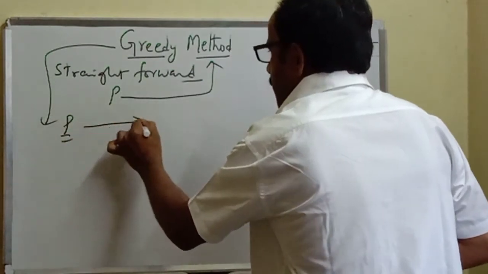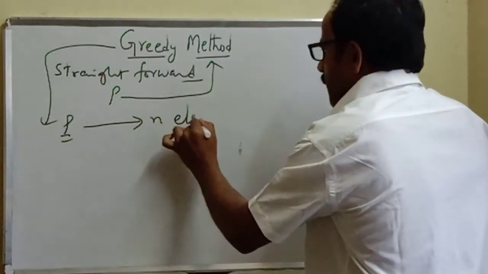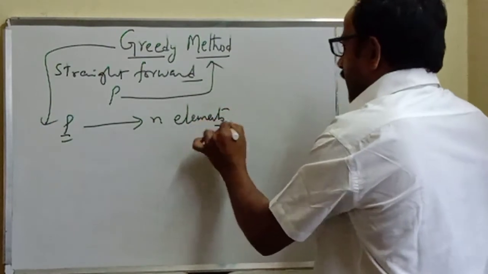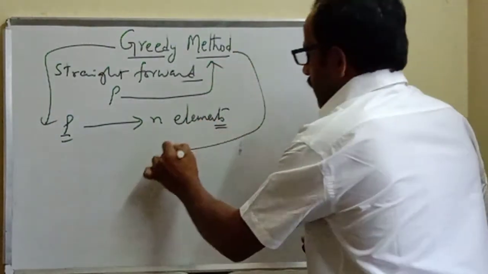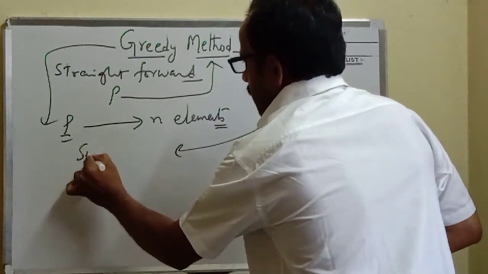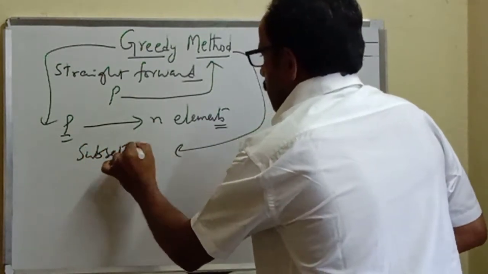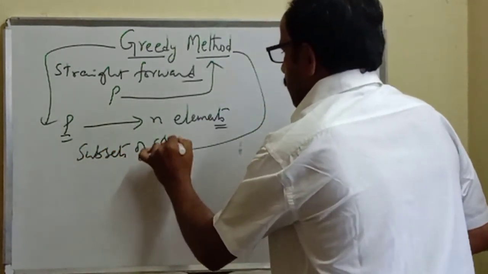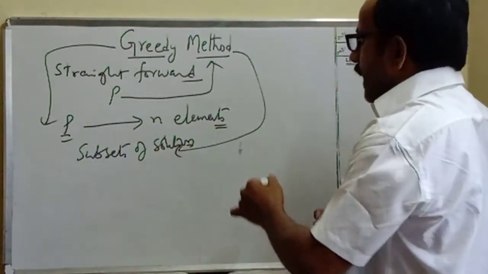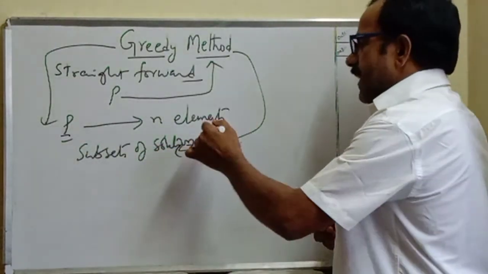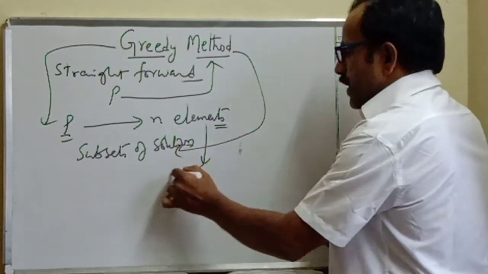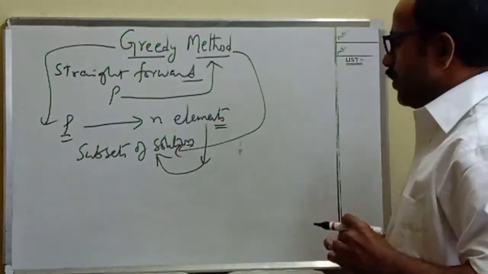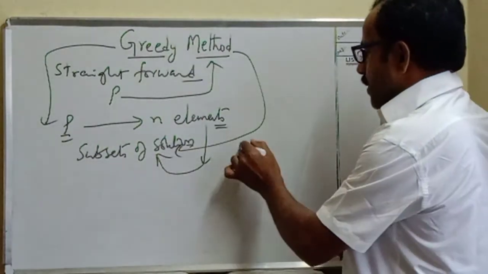Suppose this problem P contains n elements. By using the greedy method, we can construct subsets of solutions. Among the n elements, we select some elements from the problem.